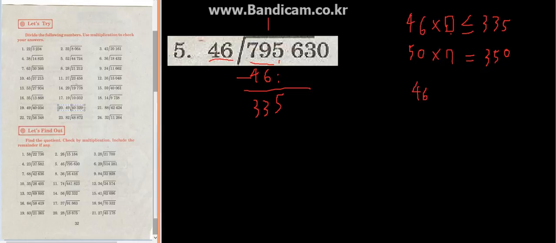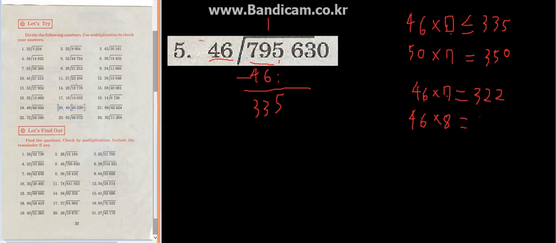So 46 multiplied by 7 is 322, right? 6 times 7 is 42. Yep, it is 322. And 322 is smaller than 335. So let's try 8.